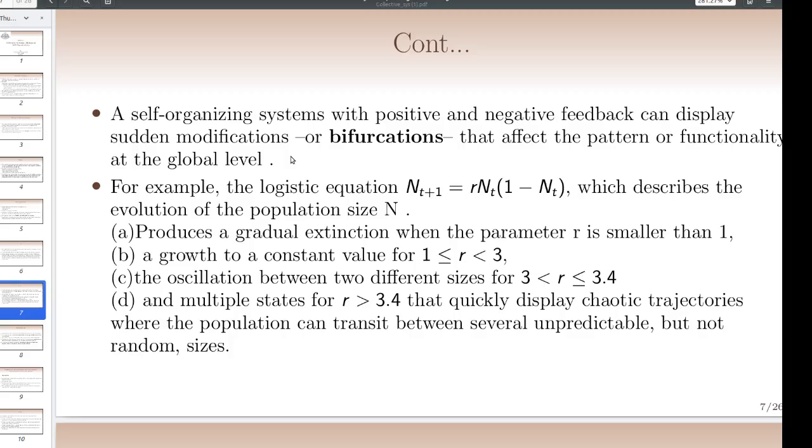But it oscillates between two different population sizes if the value of r is greater than 3 but less than 3.4. And multiple states are possible if the value of r is greater than 3.4. That quickly displays some chaotic trajectories, and the population can transit between several unpredictable states, but not random sizes.